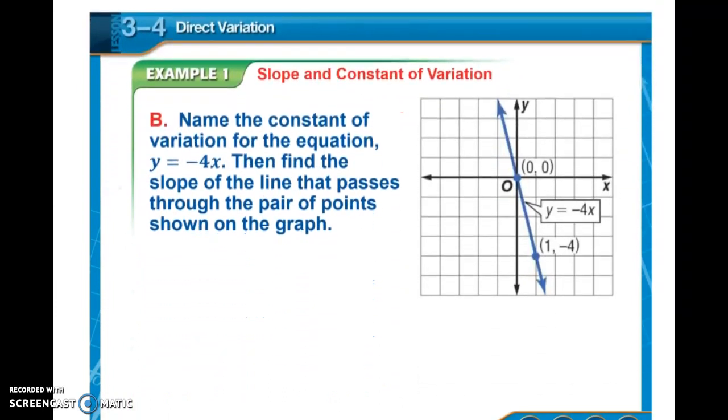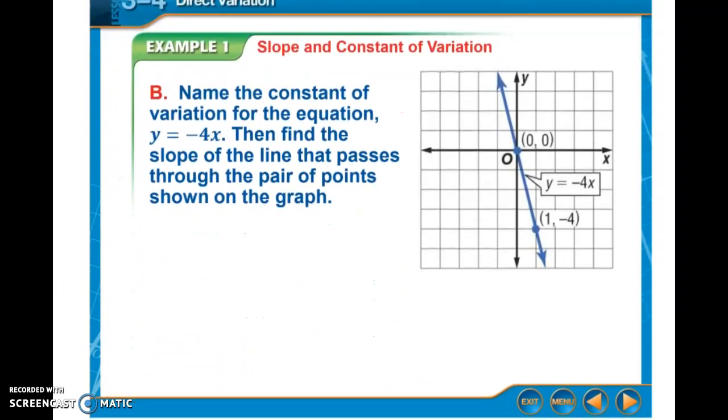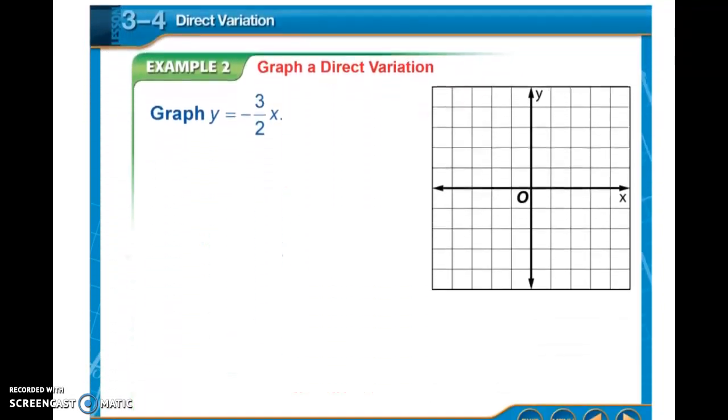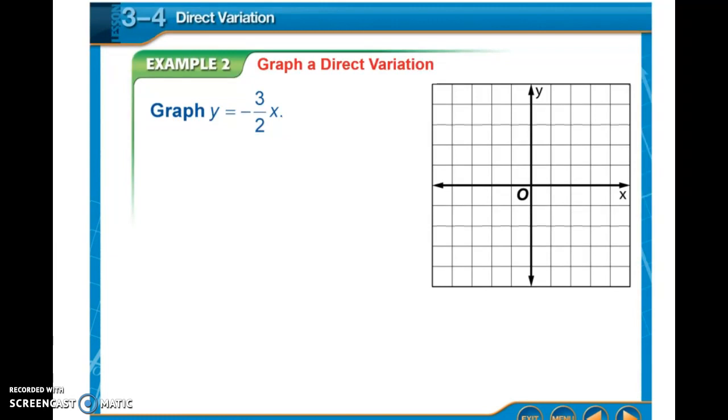Alright, so the constant of variation for this one then, number in front of the x, k equals negative 4, and then find the slope of the line. The slope is the same thing, m equals negative 4. When we graph these, we're going to start at the origin point here.